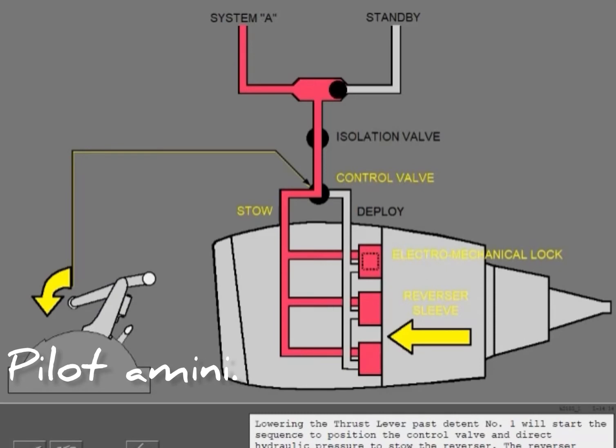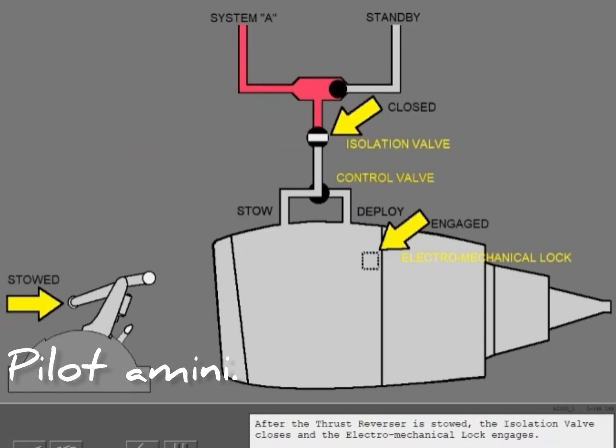Lowering the thrust lever past detent number 1 will start the sequence to position the control valve and direct hydraulic pressure to stow the reverser. The reverser sleeves move forward. After the thrust reverser is stowed, the isolation valve closes and the electromechanical lock engages.